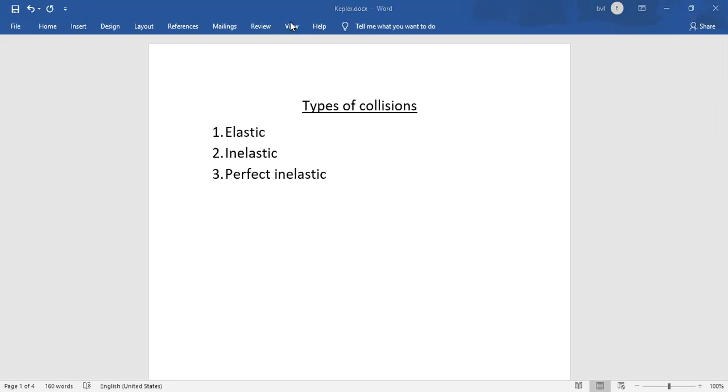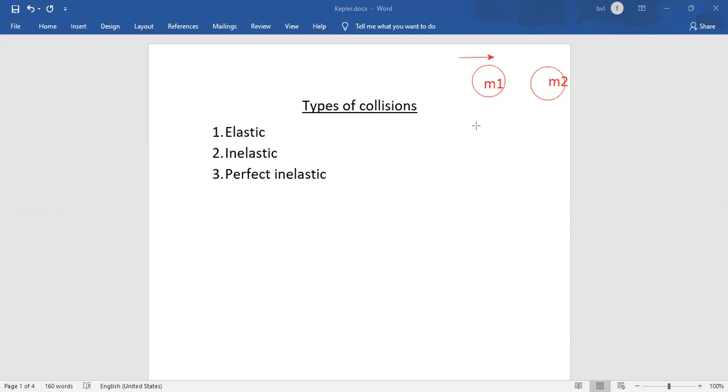Here I consider two objects which are moving in the same direction for our convenience. This is object 1 and this is object 2. The first object has mass m1, and the second object has mass m2. Both are moving in the same direction, indicated by the arrow mark.